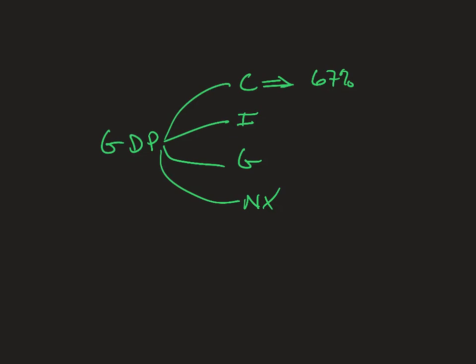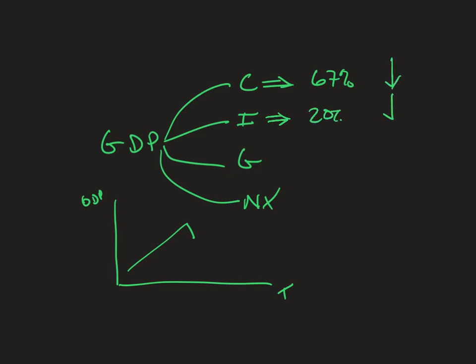So right now, for example, we know GDP, right? We have time, GDP. The economy was growing and all of a sudden it fell off a cliff as we've shut down all these non-essential businesses. And we know the big driver here is going to be consumption and investment. Investment's only about 20%, but both of these are going to take a huge hit, and their impact is going to be felt through a massive reduction in GDP.